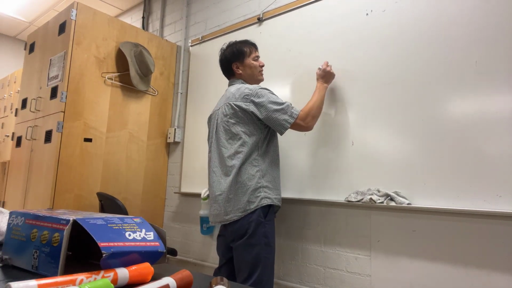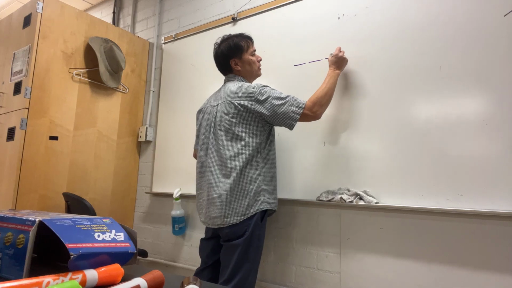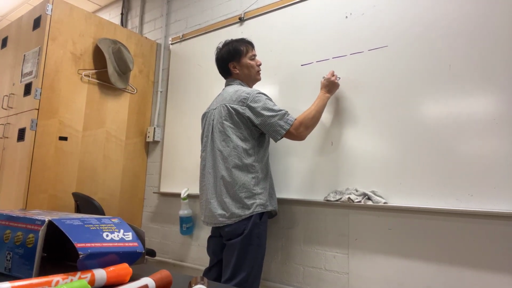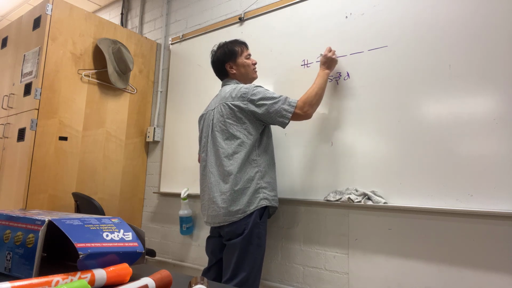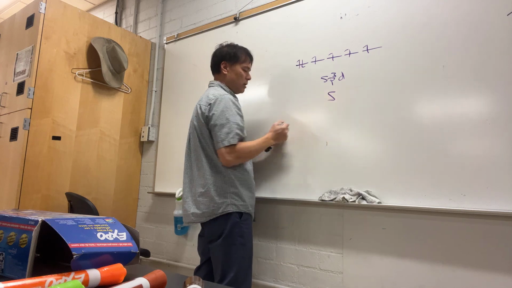And so if we were hybridizing those, what we're going to get is 5 orbitals, each of these is an sp3d orbital. And so we're going to have one lone pair and 4 singles. This is going to be for sulfur.